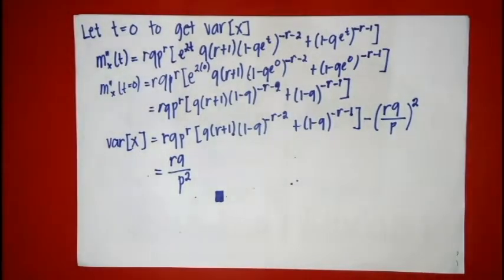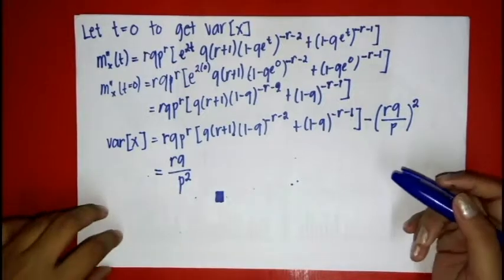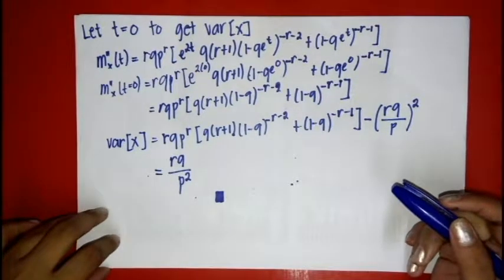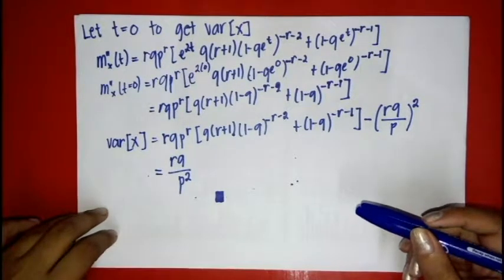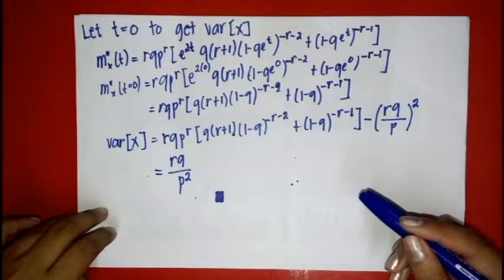To get our variance, let t be equal to 0.